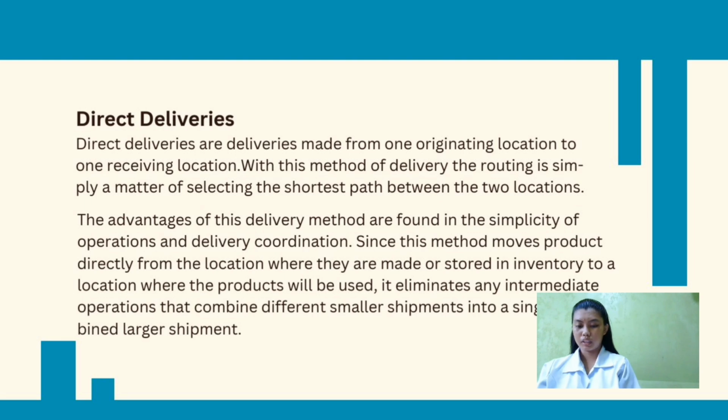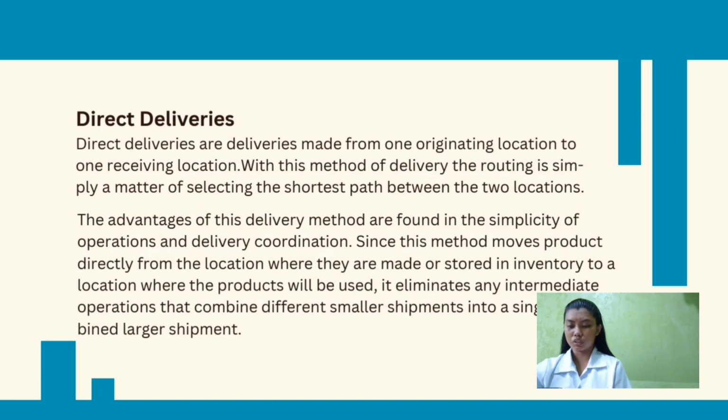Direct deliveries. Direct deliveries are deliveries made from one originating location to one receiving location. With this method of delivery, the routing is simply a matter of selecting the shortest path between the two locations. The advantages of this delivery method are found in the simplicity of operation and delivery coordination.